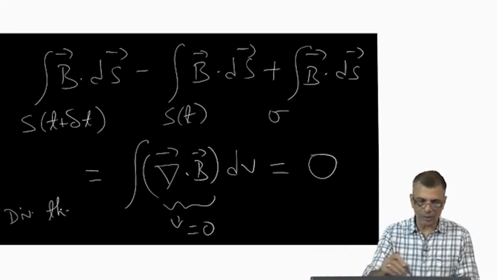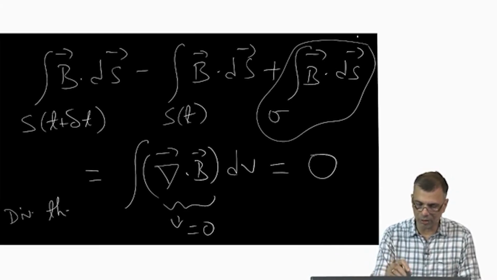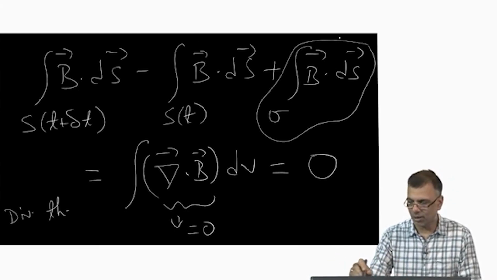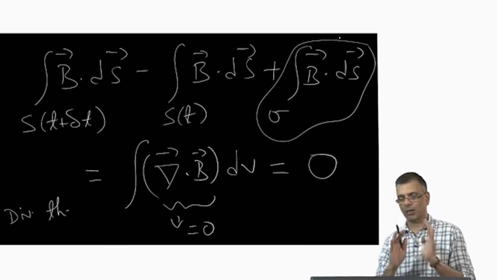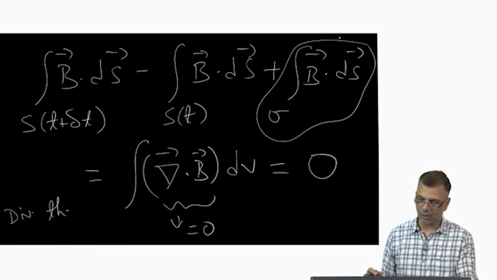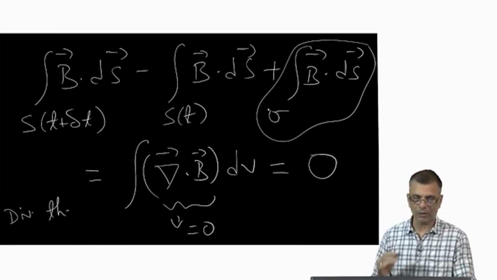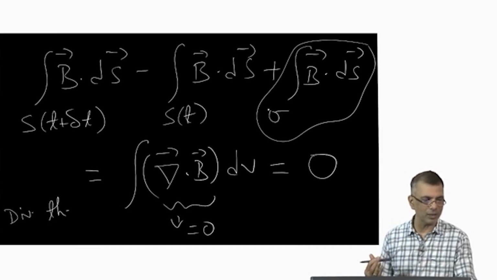Now let us talk a little bit about this guy. We have mostly been concentrating our attention on this fellow and that fellow. Now let's concentrate our attention on the flux through the side surface. So what is it? First of all, what is this sigma? The sigma is the side surface of the cylinder, isn't it?